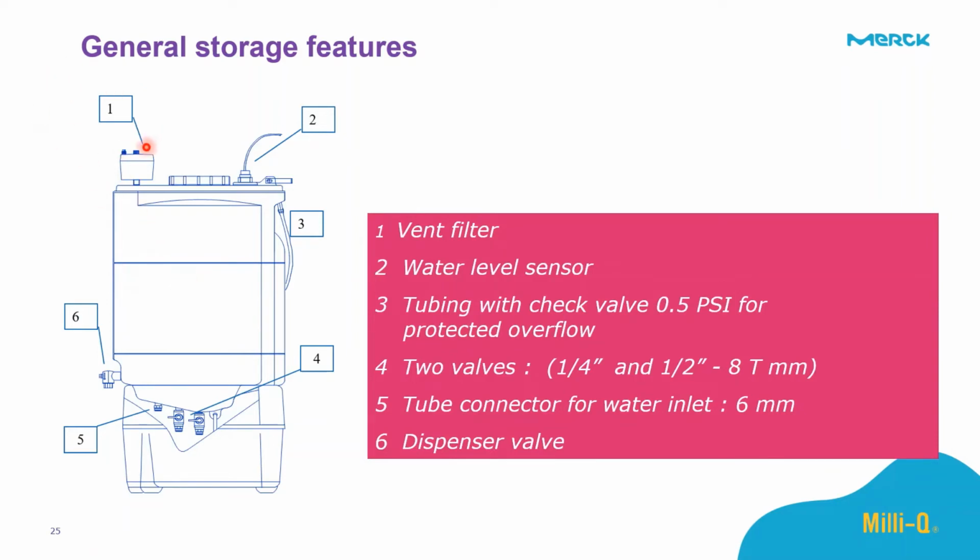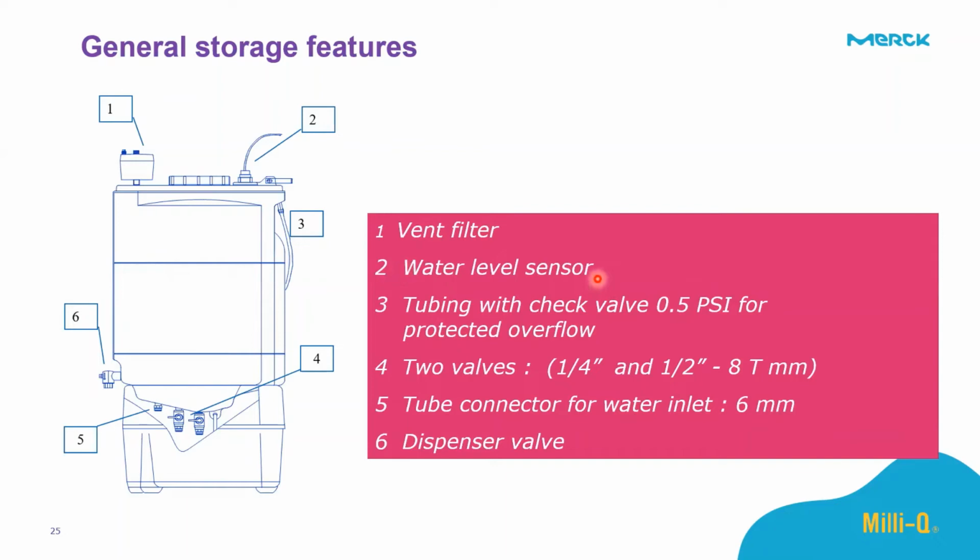So the air that is coming to fill that space is what we are controlling with this vent filter, because that air could bring contaminants into this water. So the vent filter makes sure that only clean air gets into the tank, and the contaminants are left on this vent filter. Very important.